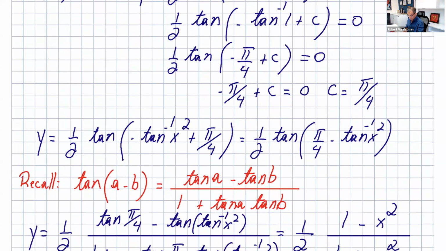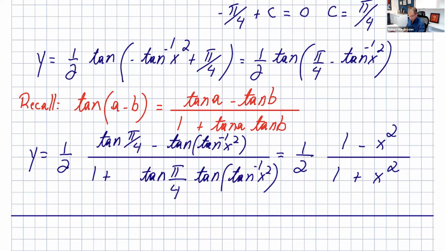Now if we substitute, we get 1/2 tangent of negative tangent inverse of x squared plus pi over 4. We can write that as 1/2 tangent of pi over 4 minus tangent inverse of x squared. Again, recall from trigonometry, tangent of a minus b is tangent a minus tangent b over 1 plus tangent a times tangent b. So a in this case is pi over 4, and b in this case is tangent inverse of x squared.